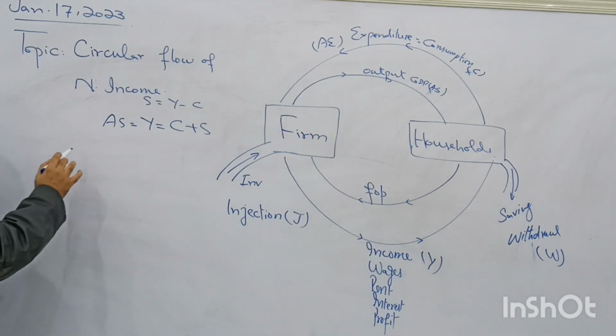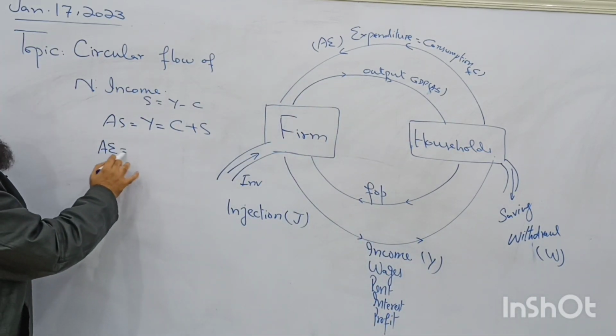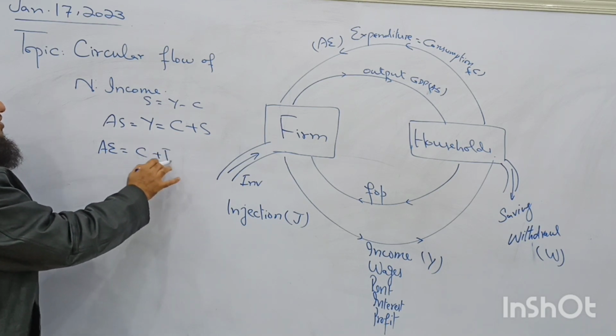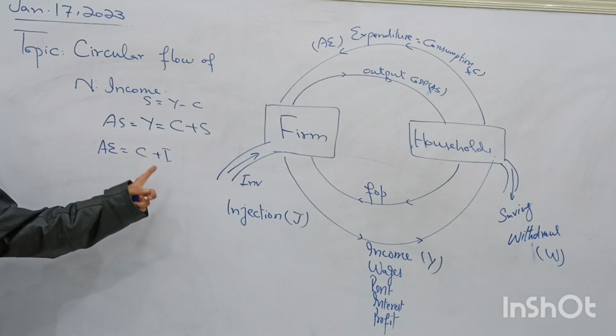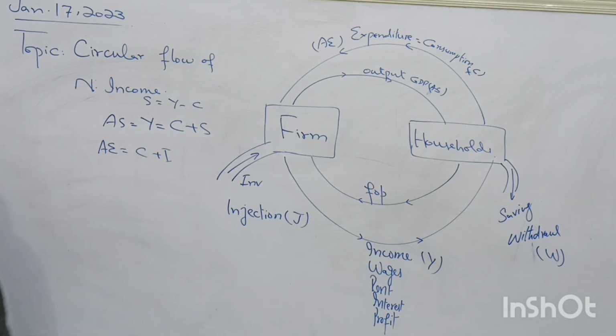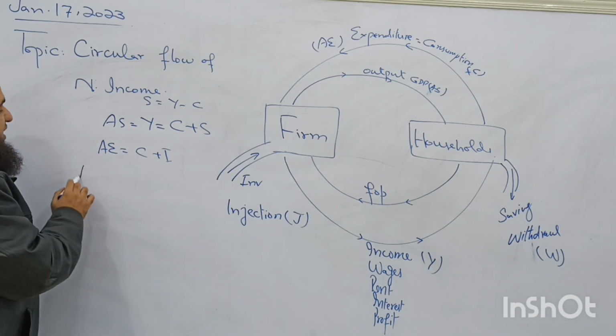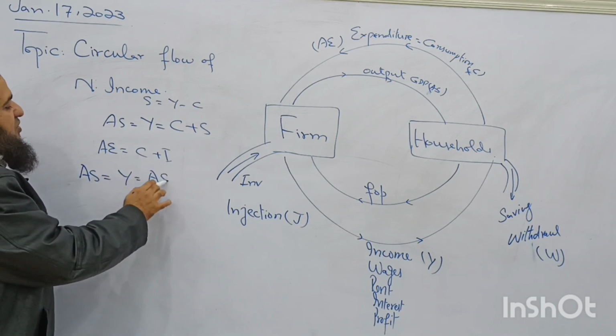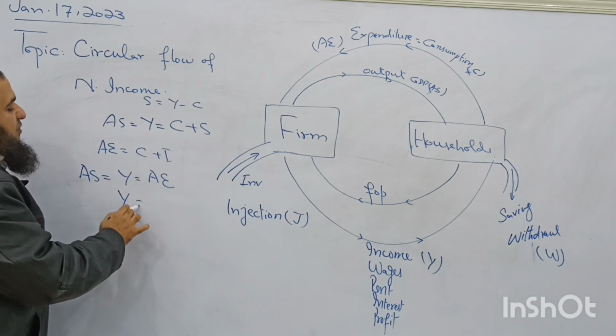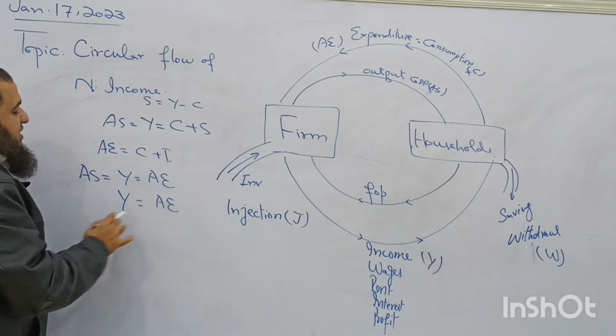Okay. Now see over here, aggregate expenditure is equal to C plus I. What is it? Consumer expenditure plus producer expenditure in the form of investment. Now at equilibrium, aggregate supply Y is equal to aggregate expenditure.